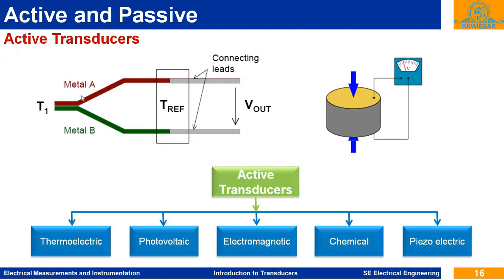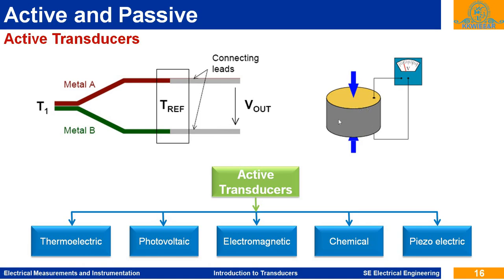So this is the example of a thermocouple. This is metal A, metal B, and this junction is placed into the liquid for measurement of temperature. At the other end we get the voltage. As the temperature increases, the voltage generated across these two wires increases.